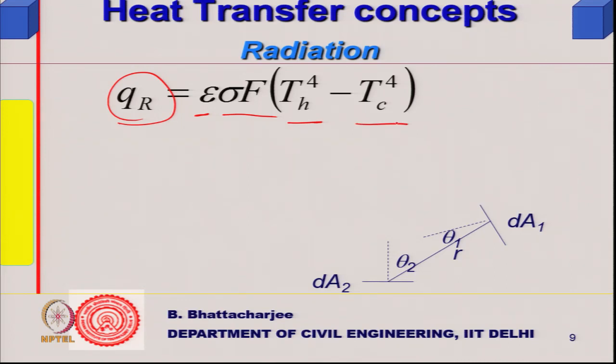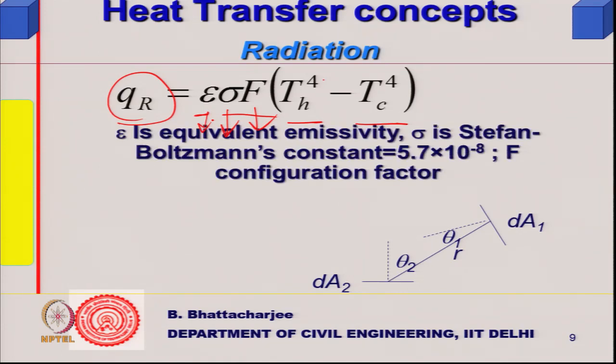So the radiation heat flux is given by this equation: Th to the power 4 minus Tc to the power 4, the hot surface temperature to the power 4 minus the cold body temperature Tc to the power 4, multiplied by the Stefan Boltzmann constant. This is called the viewing factor, or configuration factor, and this is the equivalent emissivity. Now let us define each one of them.